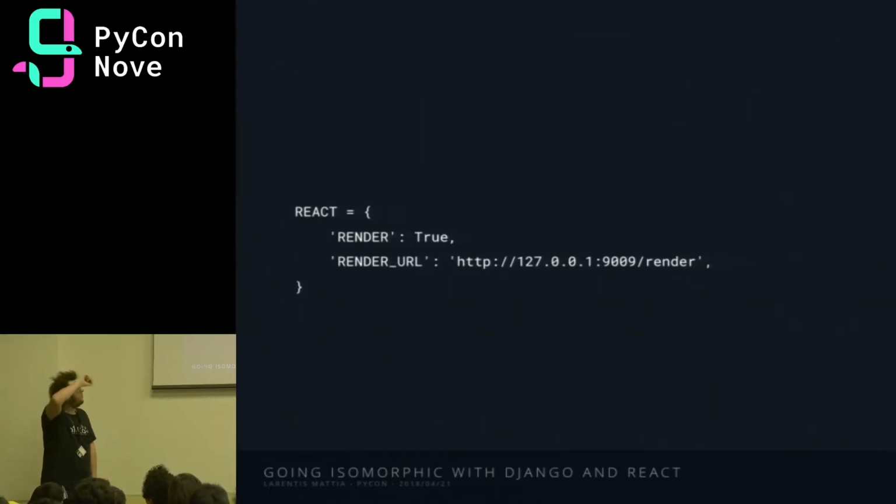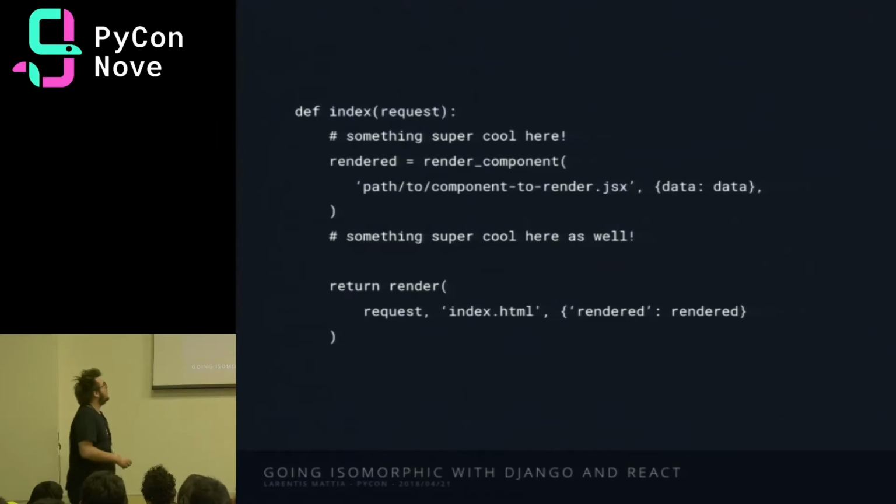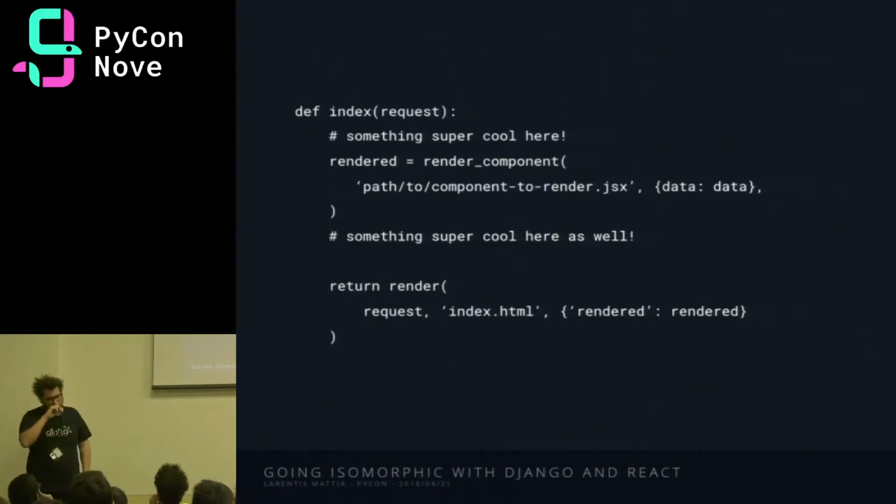Render is a variable because the React guys said, OK, you don't want to use server-side rendering while developing. Just develop your stuff in a normal way, and after that, put true and use it only in production.